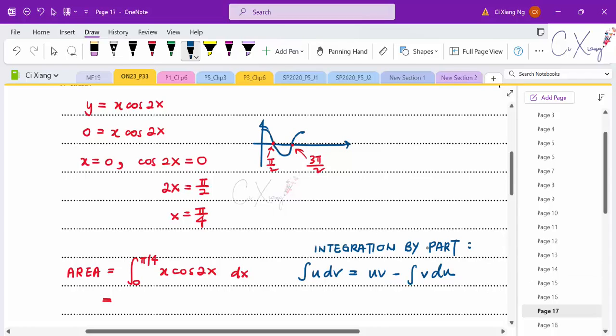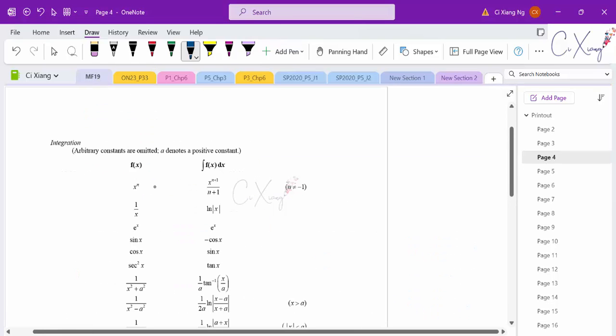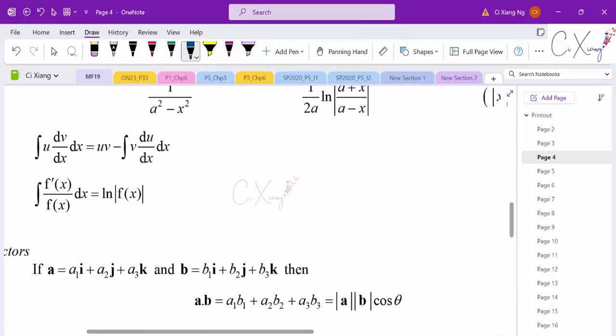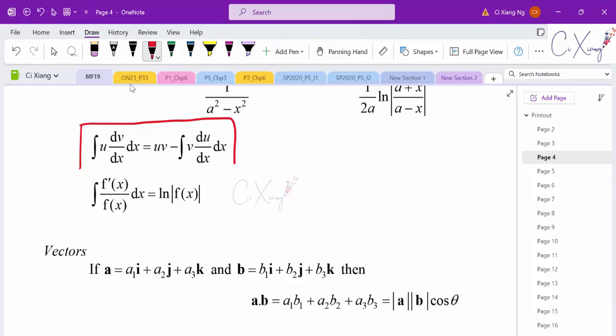If you can't remember the formula, you can also refer to it from our formula booklet under the integration part. Then you can have a look at this one. This is the integration by parts formula. In the formula booklet, it looks much more complicated than what I show you.